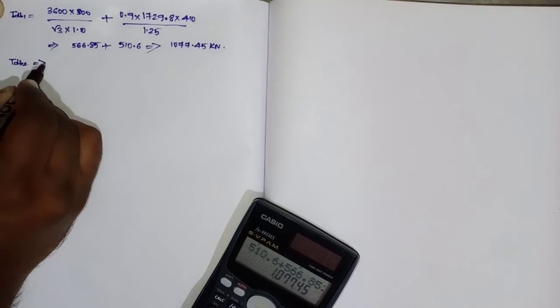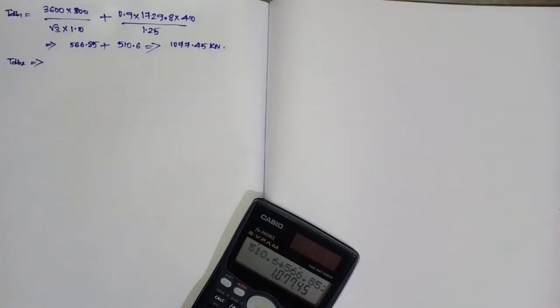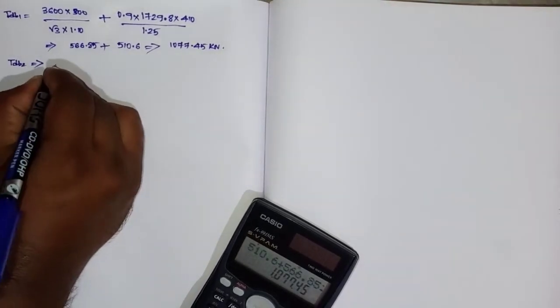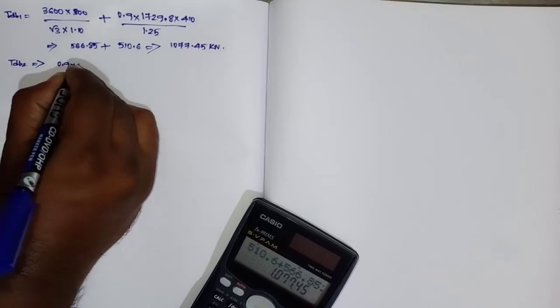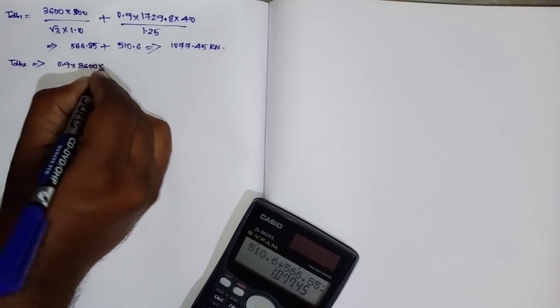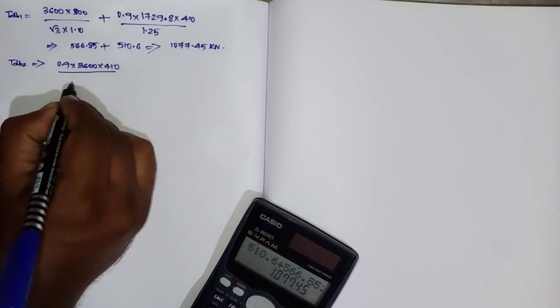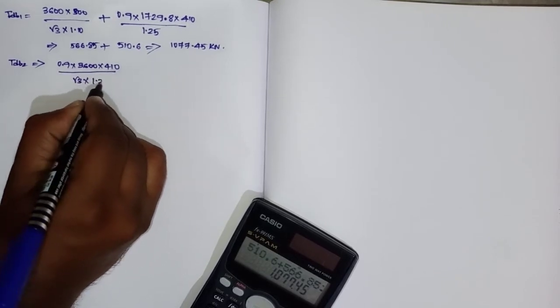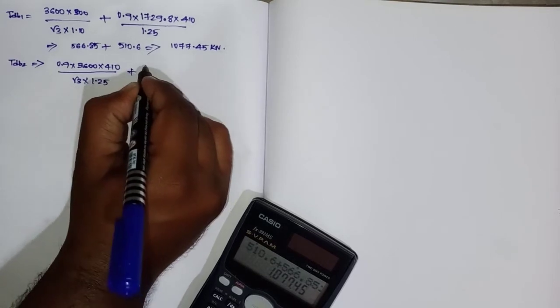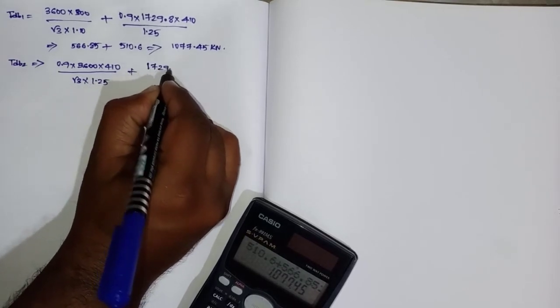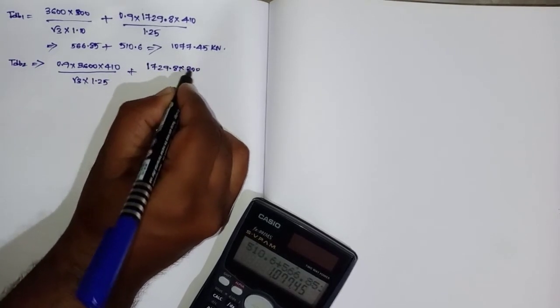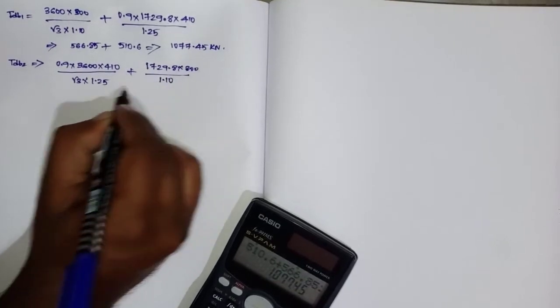Next we'll go with TDB2. What is TDB2? 0.9 into area under shear is 3600 into Fu divided by root 3 into 1.25 plus area under tension is 1729.8 into 300 divided by 1.10.